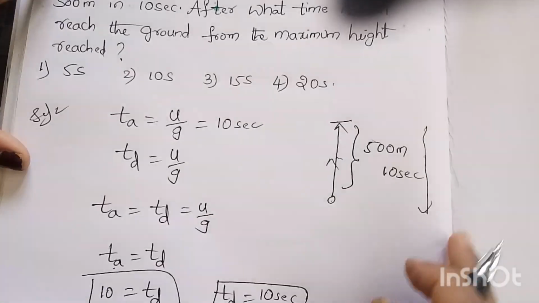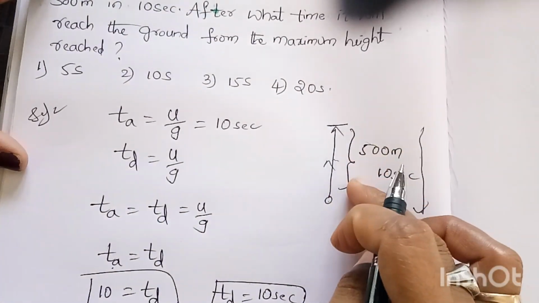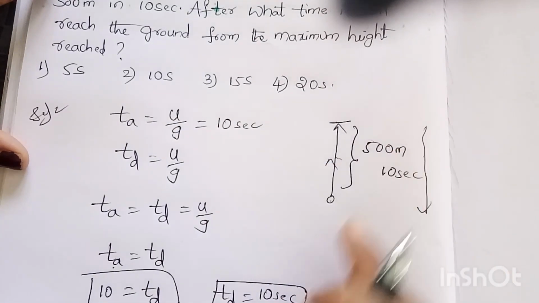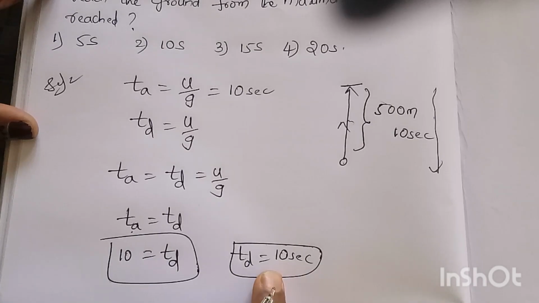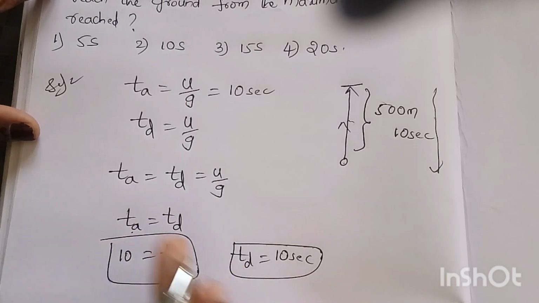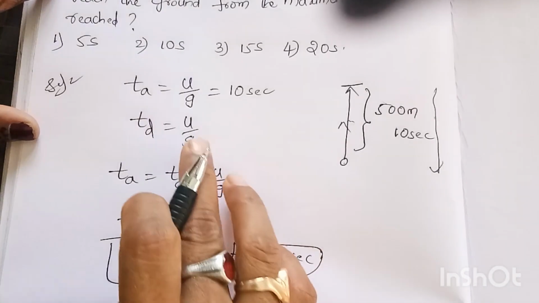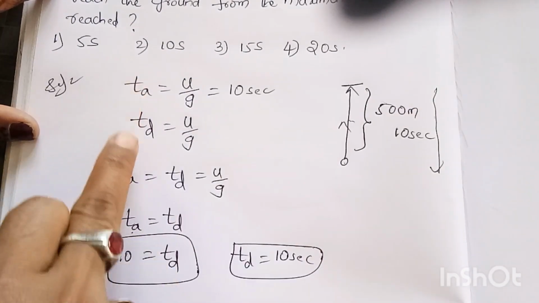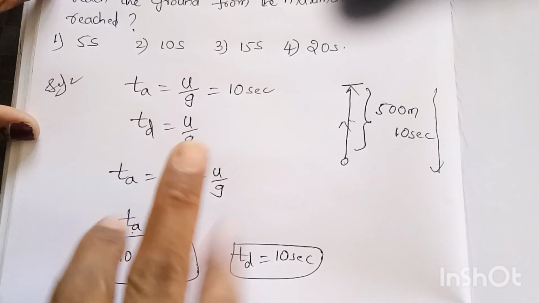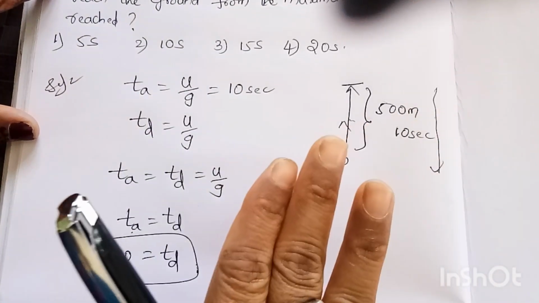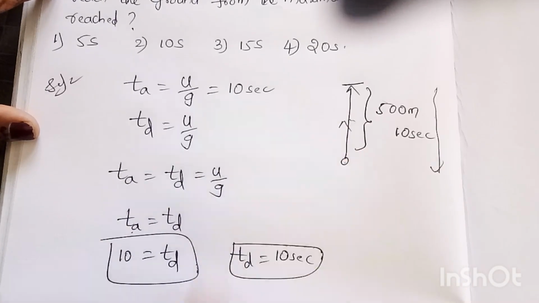So as there will be no change in the height traveled by the body to reach the maximum height, the time of ascent is 10 seconds and the time of descent will be 10 seconds. As you all know, time of descent is equal to time of ascent, that is u by g. So when there is no change in the height traveled by the body, there will be no change in the time of ascent and time of descent.